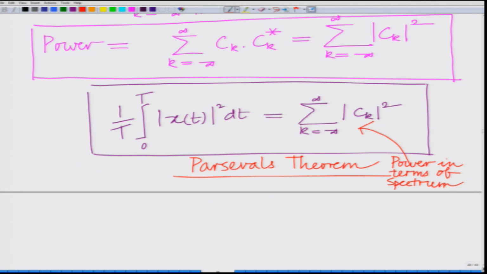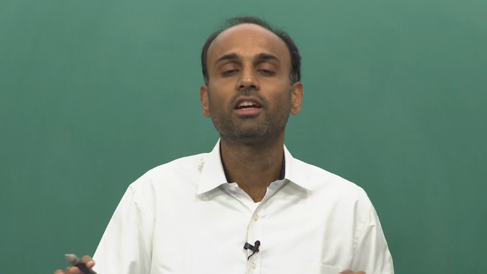Alright. So, we have 1 over T integral 0 to T magnitude x(t) square dt, which is the power, a time domain computation, and now we also have a very interesting expression to compute the power from the spectrum, that is in the frequency domain: summation k equals minus infinity to infinity magnitude Ck square, where Ck is the kth Fourier series coefficient.